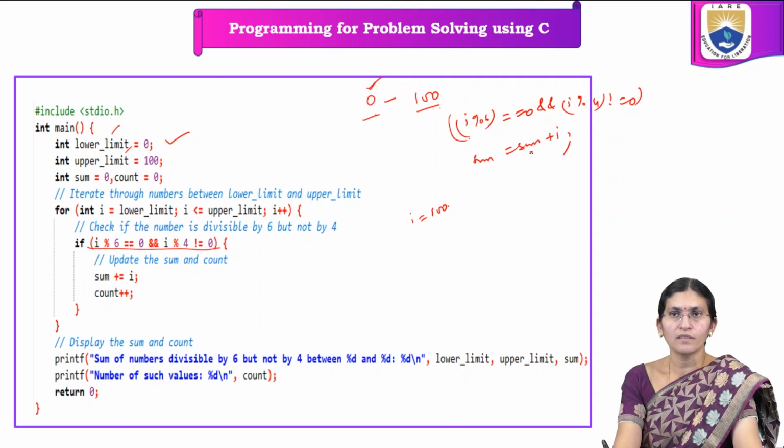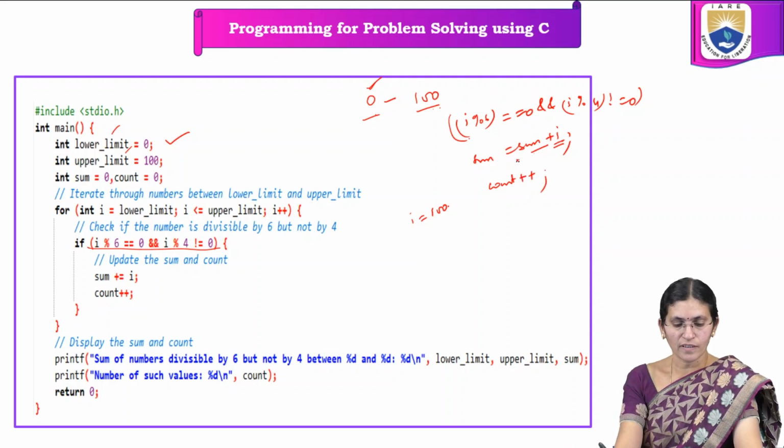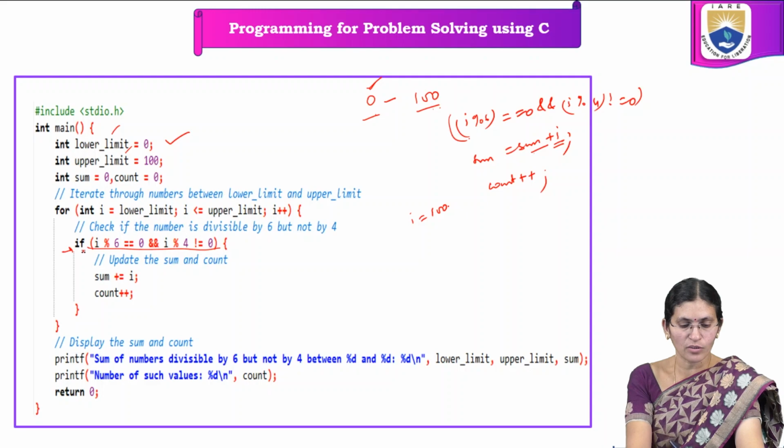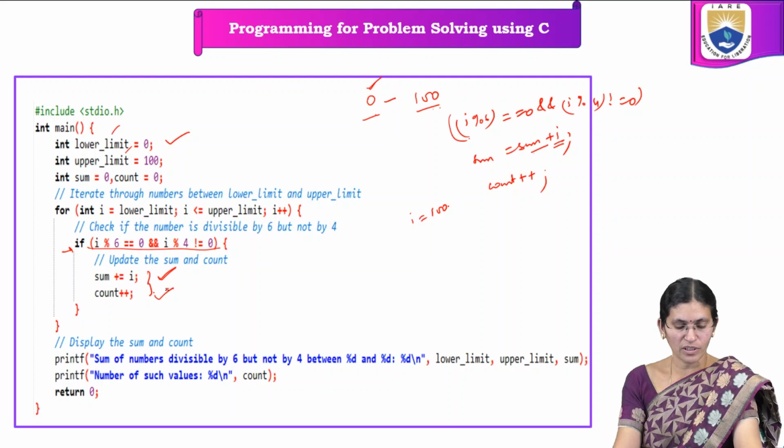So this sum value will be updated. The value of i is added to sum, and also count will be updated. If the control is coming in this if condition, both these statements will be executed. Sum value is updated, and also count value is incremented.